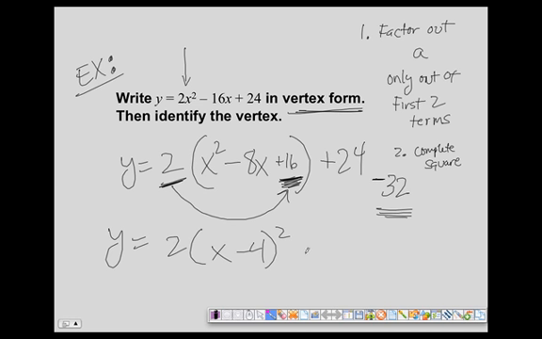And then plus 24 minus 32, which is minus 8. This is the final answer unless I say, which I do say, identify the vertex, which is 4, negative 8. If I said, what is the minimum, you would say negative 8. Please understand this problem. I plead with you.